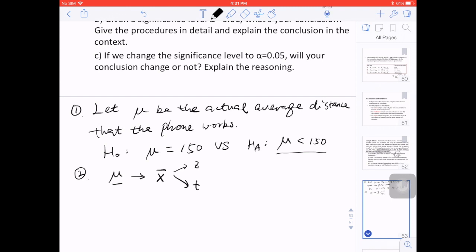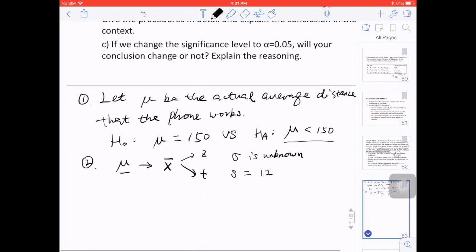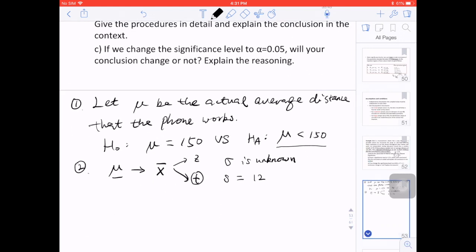But in this case, sigma, the population standard deviation, is unknown, right? It didn't appear in the problem. However, we know that the sample standard deviation is 12. So we're going to use t here, converting x bar to t using this formula.